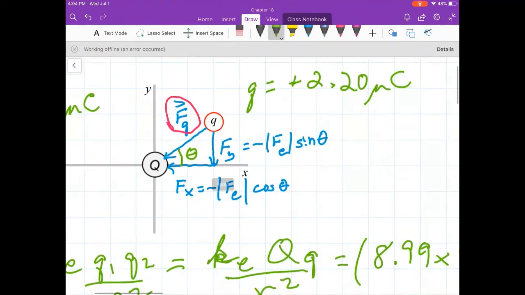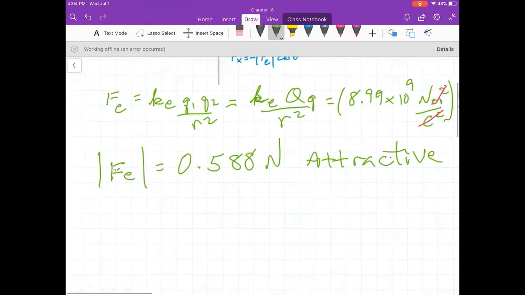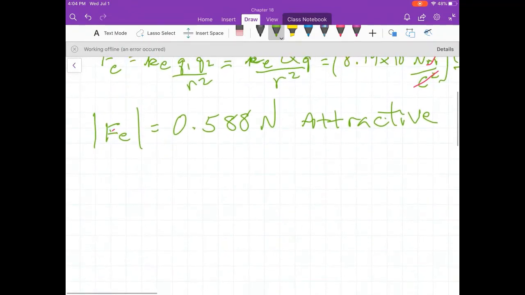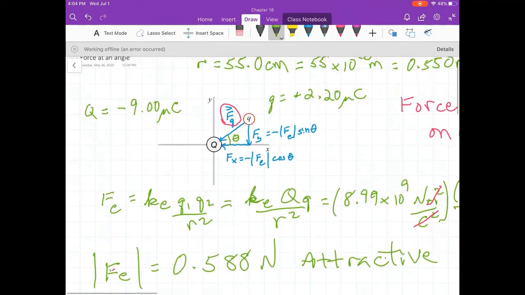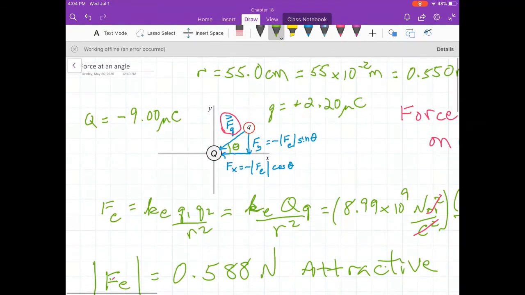Now let's just go ahead and solve the problem for completeness. So for this problem, the x component points to the left, minus this magnitude of the vector, 0.588 Newton, times cosine theta. Well, we haven't specified theta yet.